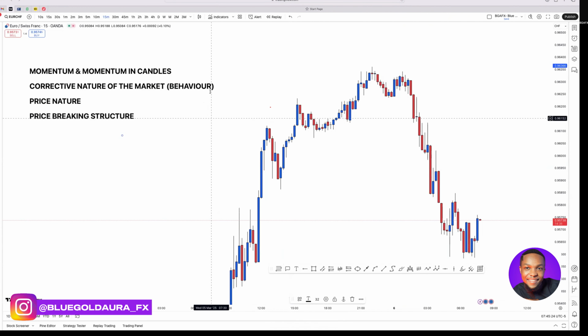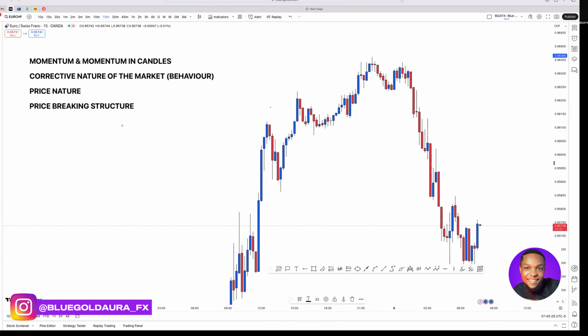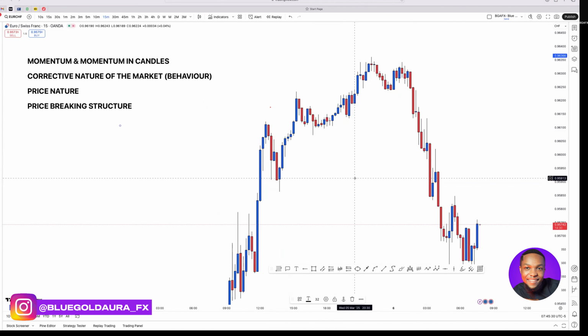There's a way in which you can actually try to tell, which is the use of a momentum indicator, like an RSI, stochastic, or depending on the indicator that we use.